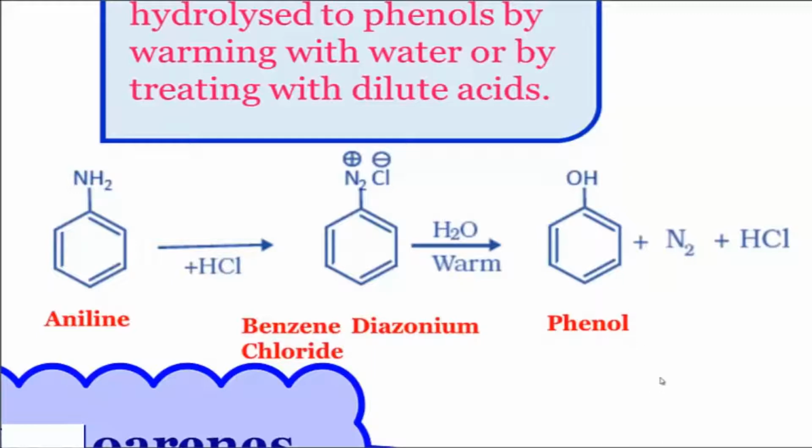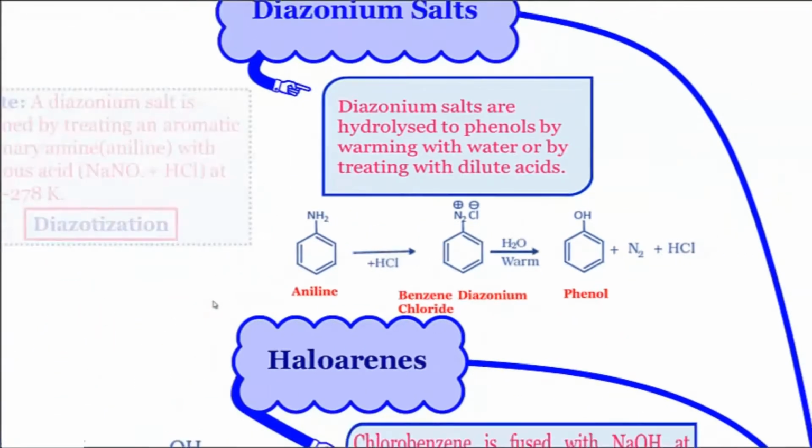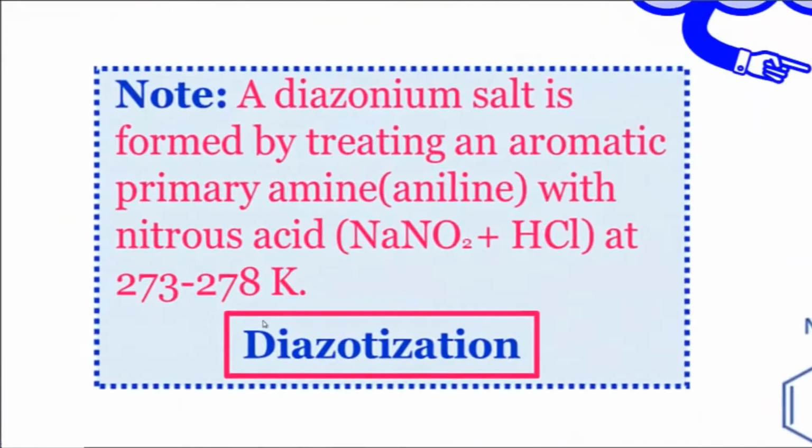Now let us understand the method of obtaining benzene diazonium chloride, and that is done by a process called diazotization. What is diazotization? It is the process of obtaining a diazonium salt. Now to obtain benzene diazonium chloride, what is it that we are going to do? Very simple.